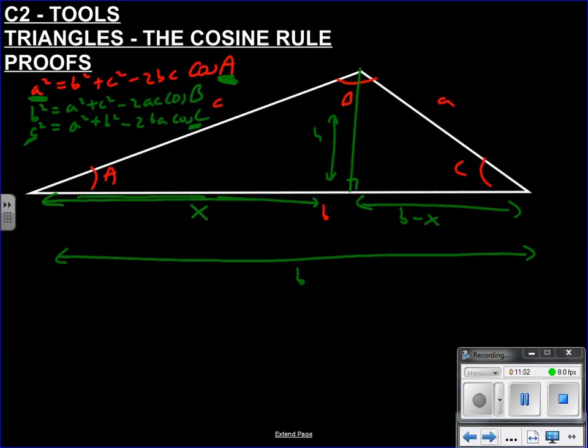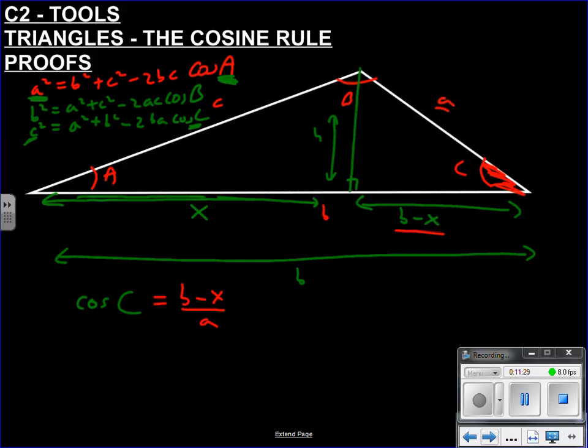So I know it's got to be something to do with cos, because that's what the formula is. So I reckon I'll start there. So cos C, looking at this angle here, cos C is the same as b take x, there's my adjacent, over the hypotenuse, so over a. That might help me in a bit, but let's see.